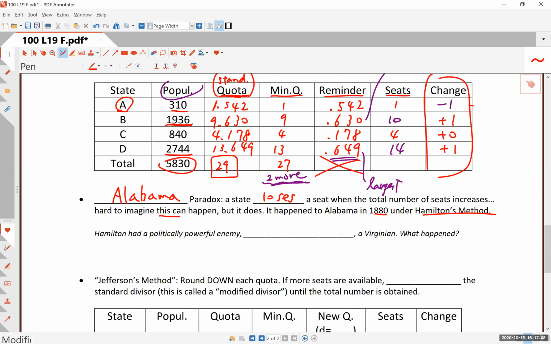And when I started to teach this, there was no musical called Hamilton. But everybody knows now, I think, that Hamilton's chief enemy was the third president of the United States, of Virginia. What was his name? Thomas Jefferson. Jefferson really didn't like anything associated with Hamilton, like Hamilton's method.